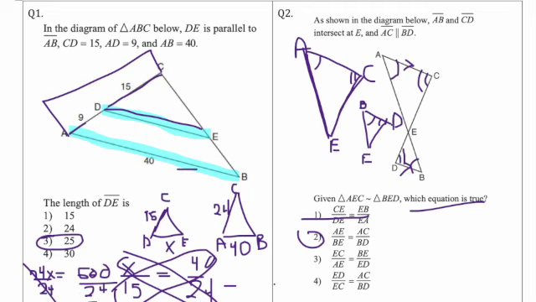DE should be on top, not BE. DE, because it's the corresponding sides, it has to match. ED over EC. Small over big, and then we have big over small is not going to work. So 2 is the answer.